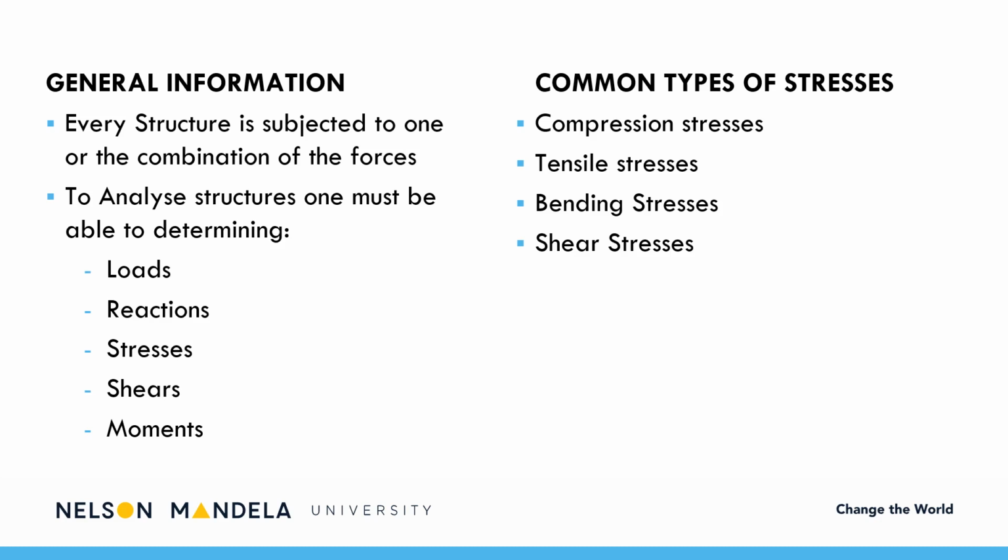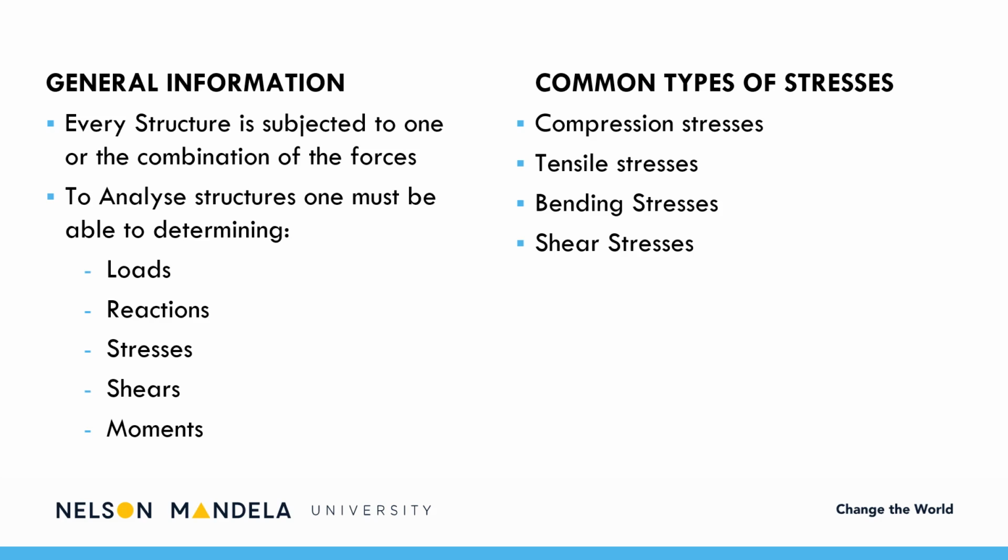So the first two stresses on the right hand side of the column are mainly for trusses, or frames, because some people refer to trusses as frames. The last two stresses listed there on the right hand side of the column are for beams.